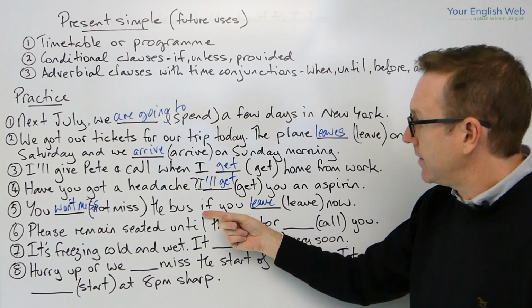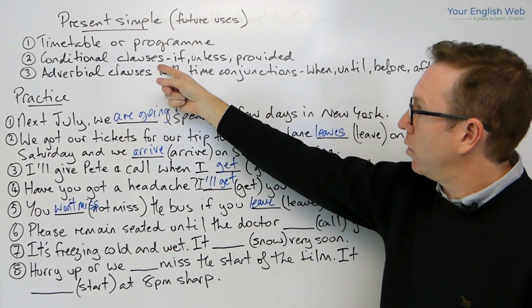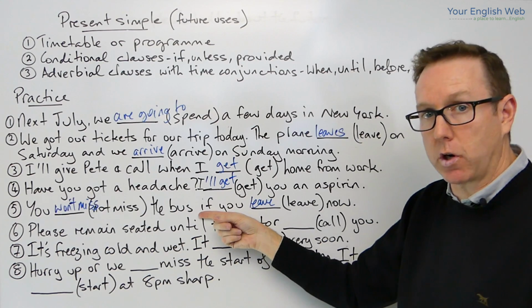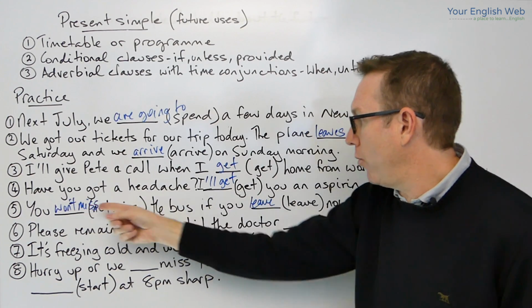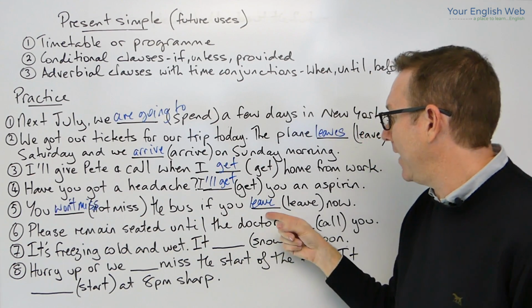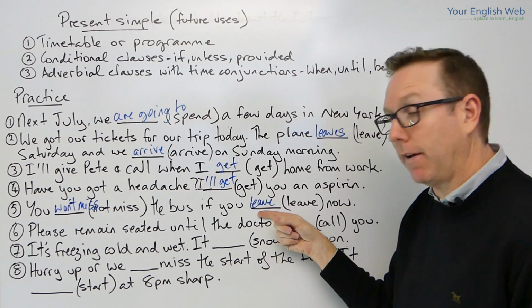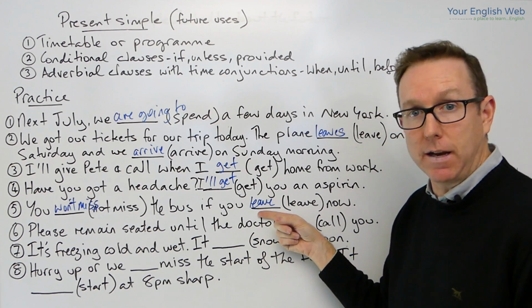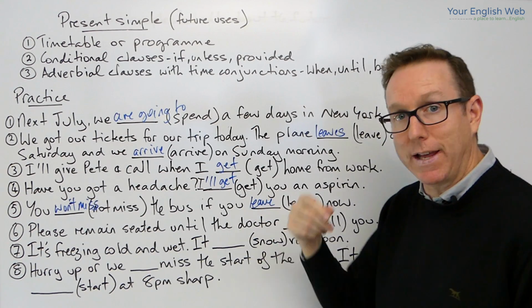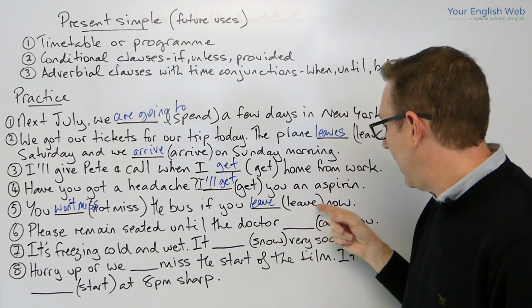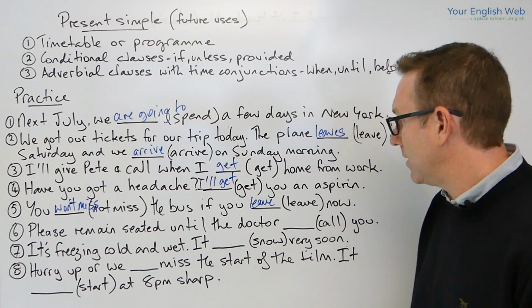Okay? Here's our if conditional clause. Okay? The subordinate clause. So you won't miss the bus if you leave now. Again, the future reference. If you leave now. So if you leave now, you won't miss the bus.